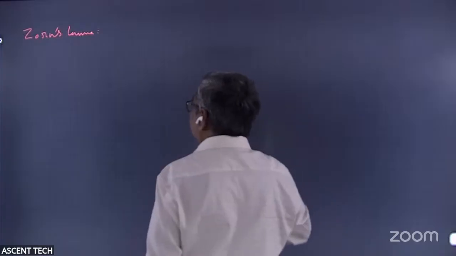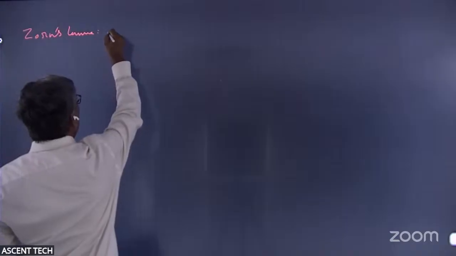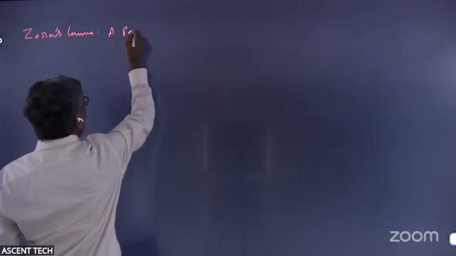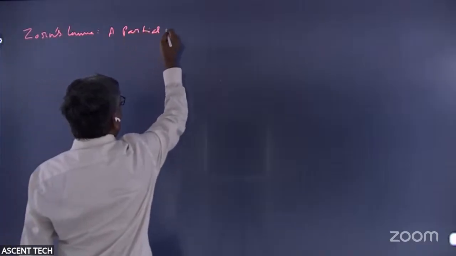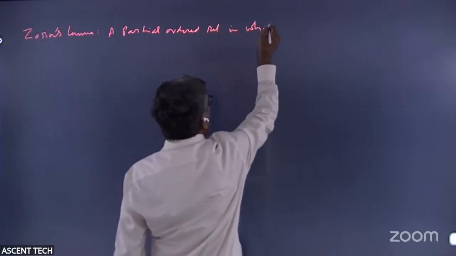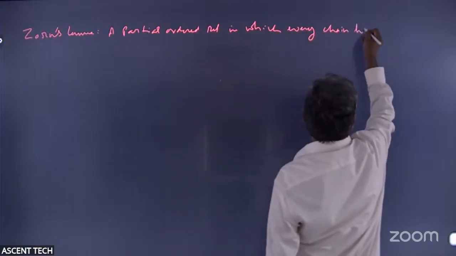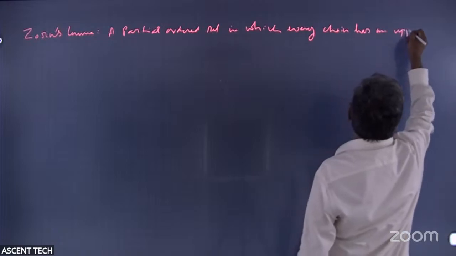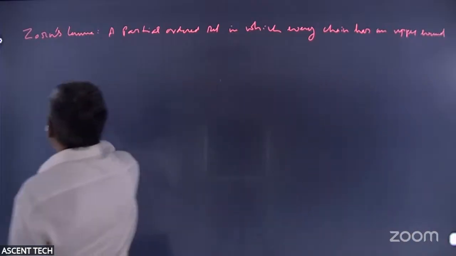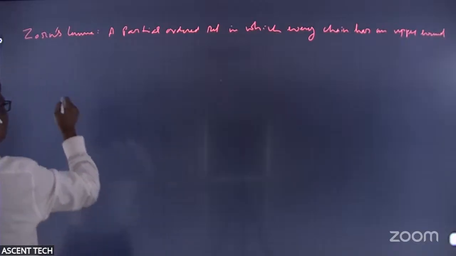If in a partially ordered set every chain has an upper bound, then the set has a maximal element.